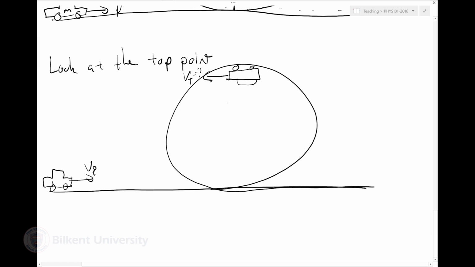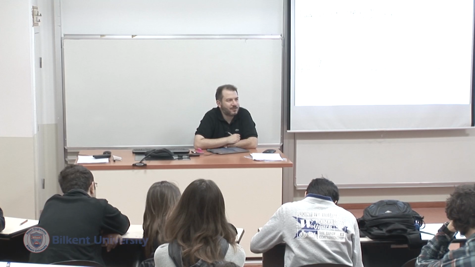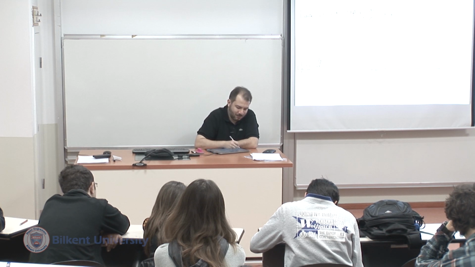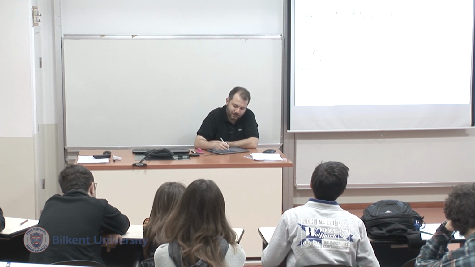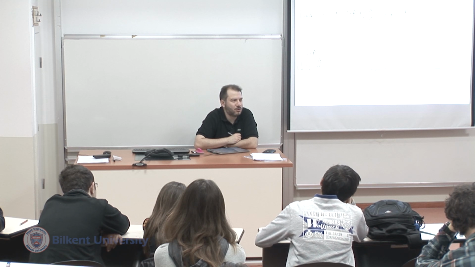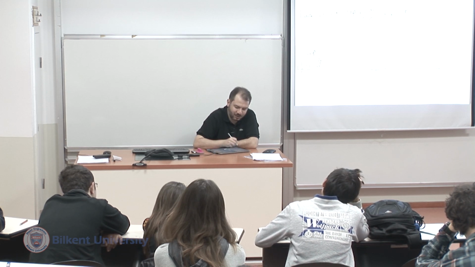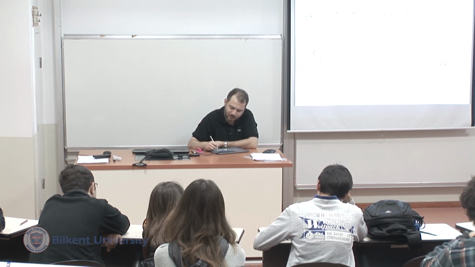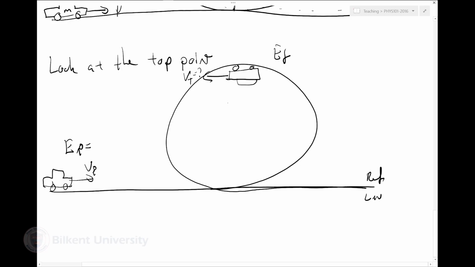Throughout this motion, are there any non-conservative forces acting on the system? No, there is no friction. We ignore air friction. So this whole motion should be conservative, which means my initial energy and my final energy should be equal to each other. What's my initial energy if I take the ground level to be my reference level? There is no gravitational potential energy. My initial energy is just 1/2 m vi square. How about my final energy?